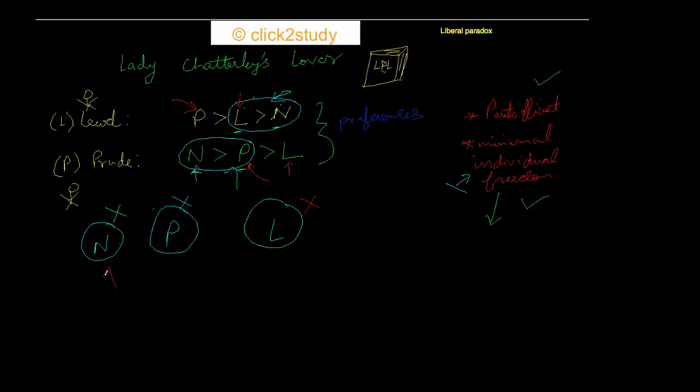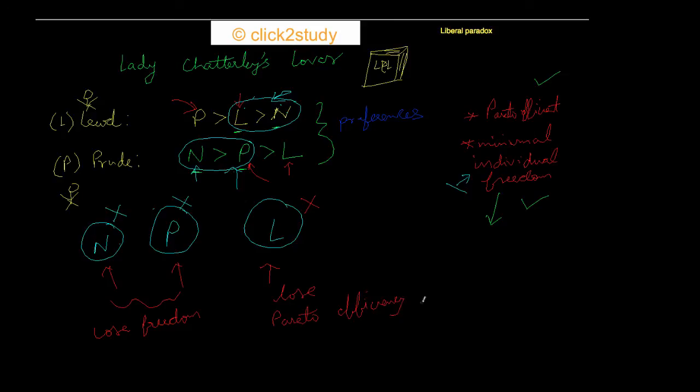So there were only three possibilities: that nobody reads the book, Prout reads the book, and Lewitt reads the book. And in all three cases, we have seen that either you lose minimal individual freedom, or you lose Pareto efficiency. And that's the paradox.